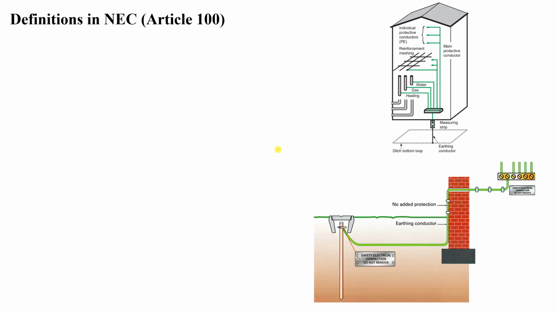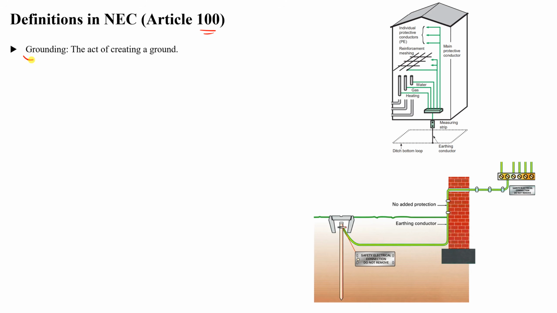Now, these definitions of IEC are related to the European standards. Similarly, in the NEC, or the National Electrical Code, which is related to the American standards, in NEC Article 100, which covers the definitions of the NEC, we have the same terminology.